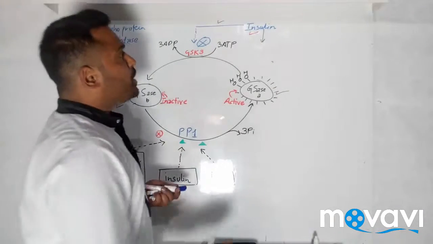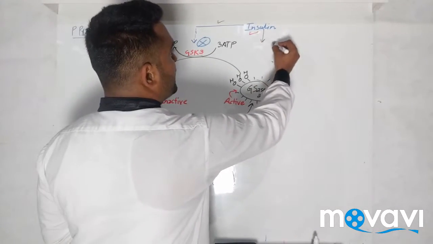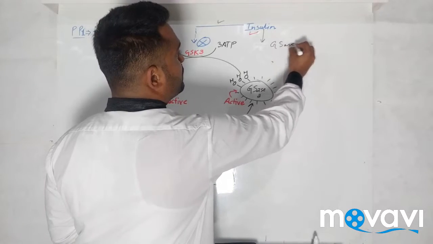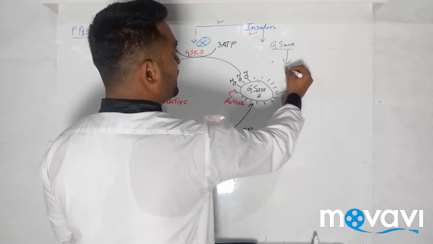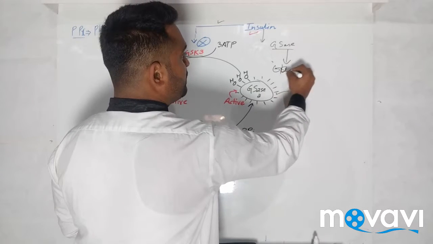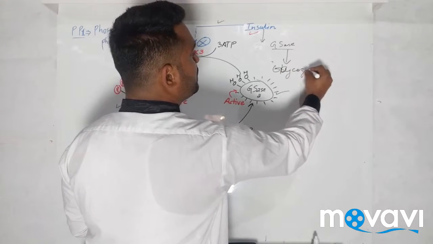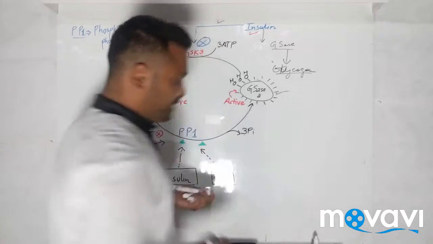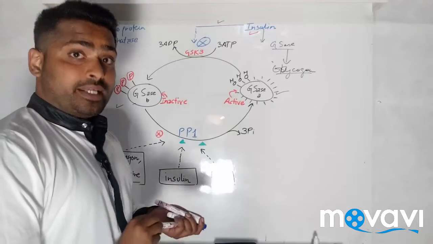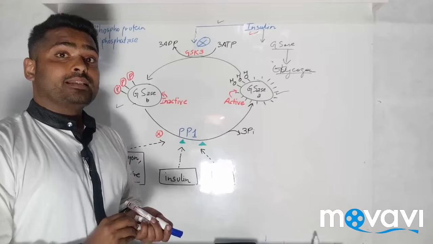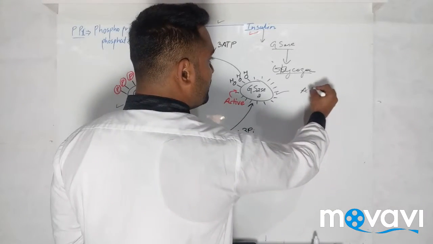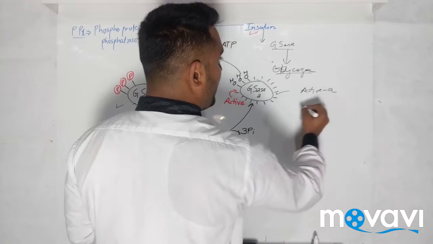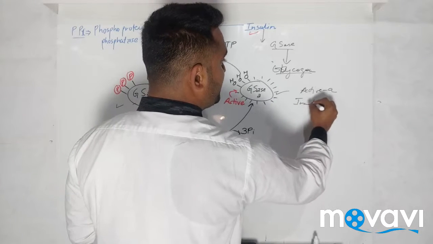This is going to signal the enzyme glycogen synthase to get active and store glycogen. Like phosphorylase, this glycogen synthase also exists in two forms, that is active A form and inactive B form.